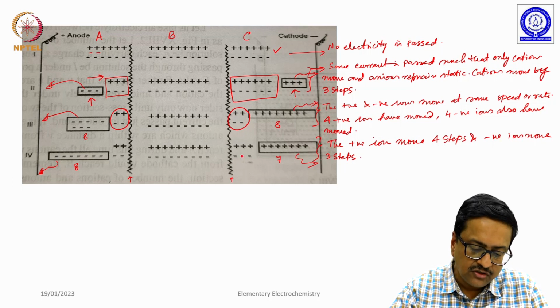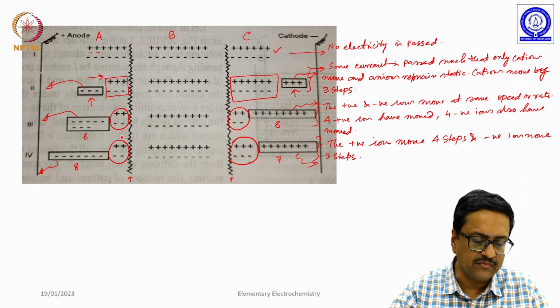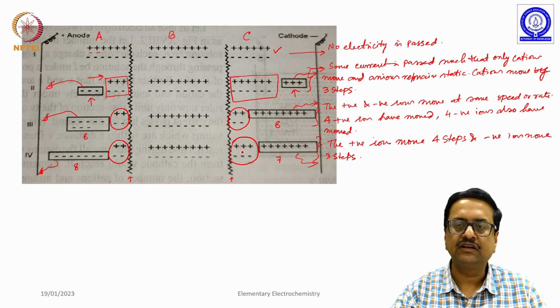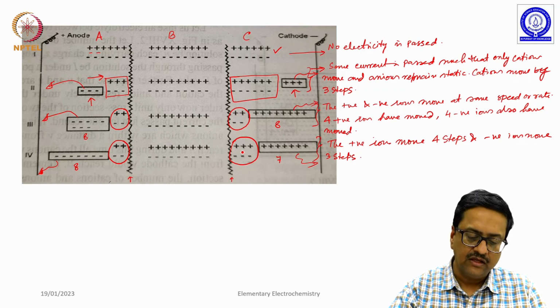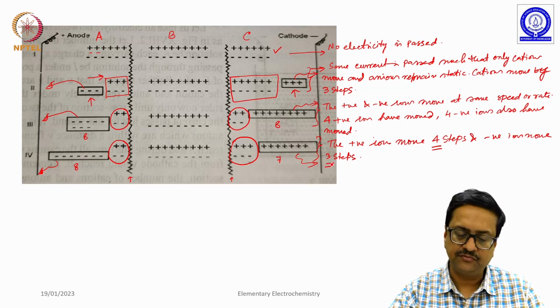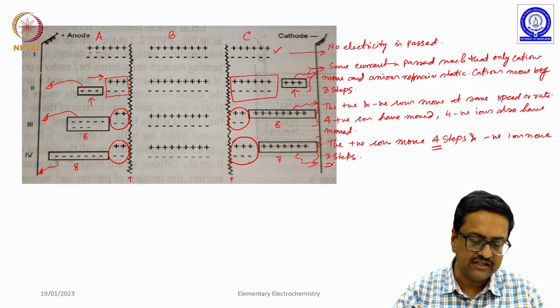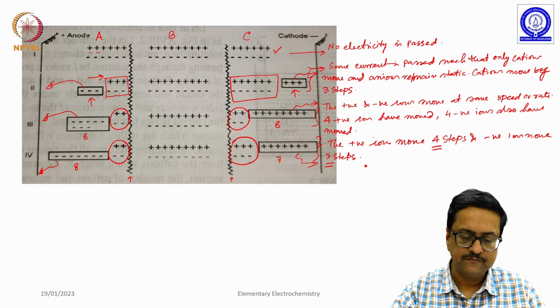As a result, the concentration of ions in the 2 different chambers, A and C, is different, and this difference comes because of the difference in the speeds of those ions, or the rate at which they cross the boundary is different.